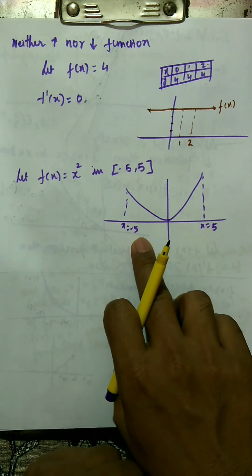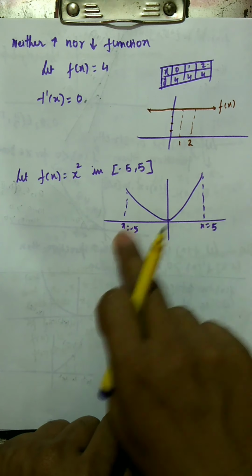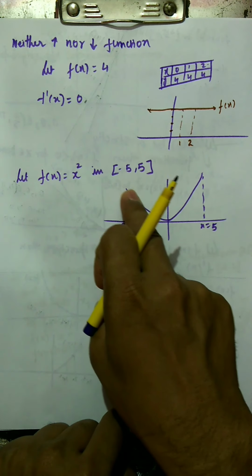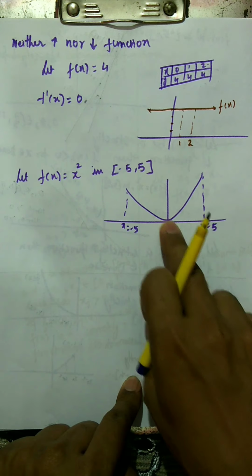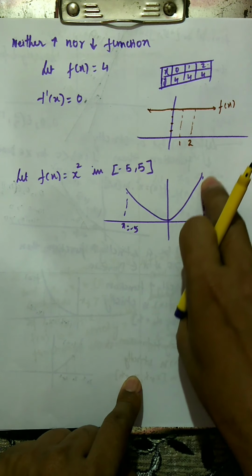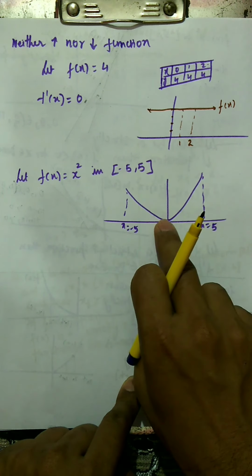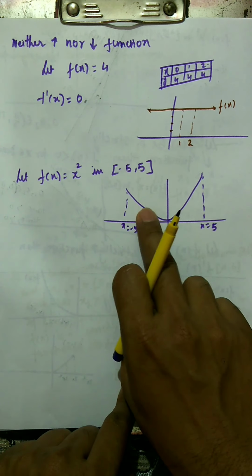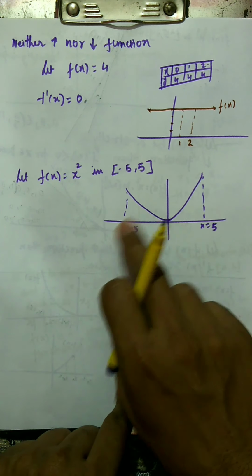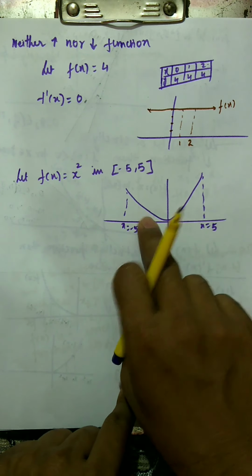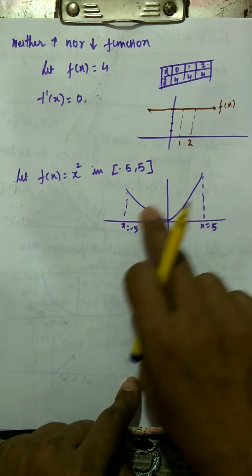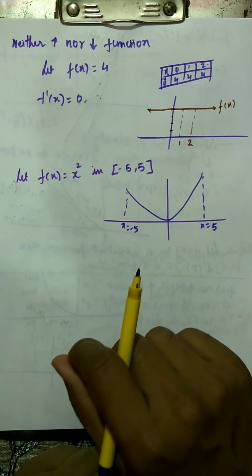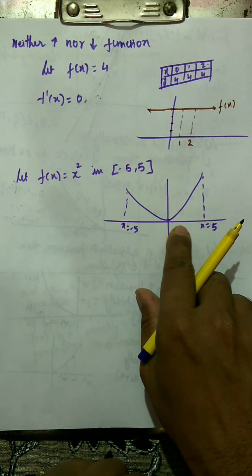In its domain from -5 to 5, at first it's going down, and from 0 it's going up. So this function is neither increasing nor decreasing.